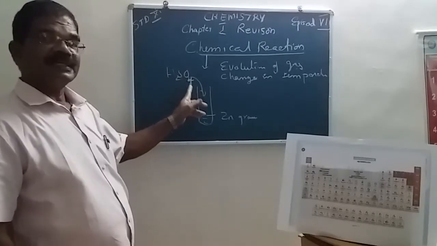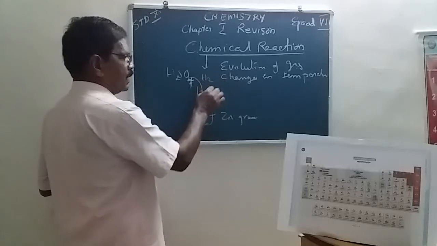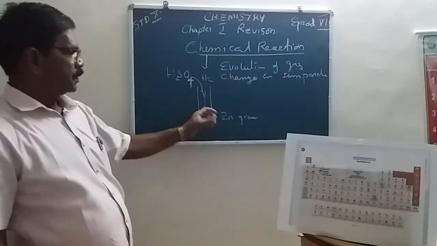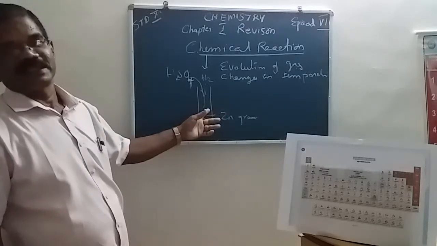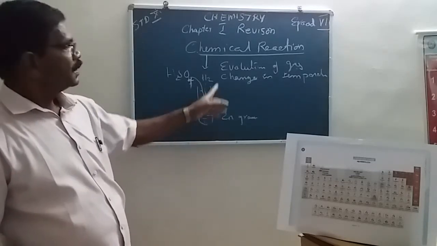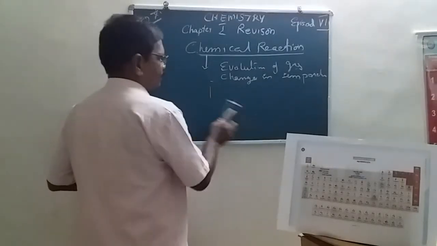Sulfuric acid reacts with the zinc granules, producing hydrogen gas. At the same time, if we touch the sides of the tube, we can feel it is hot. In this reaction, heat is also produced. Evolution of gas, change in temperature, change in color.